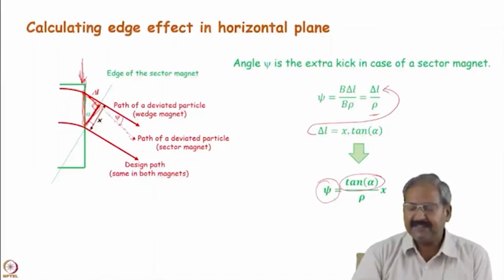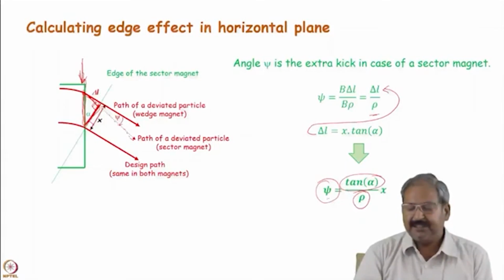Now again you can see here that alpha is fixed if we have chosen a certain orientation of the magnet. When we have kept that magnet in that orientation, alpha has become a fixed number. Rho is also a fixed number, meaning for a particular magnetic field and a particular charged particle of certain energy, this bending radius is fixed.